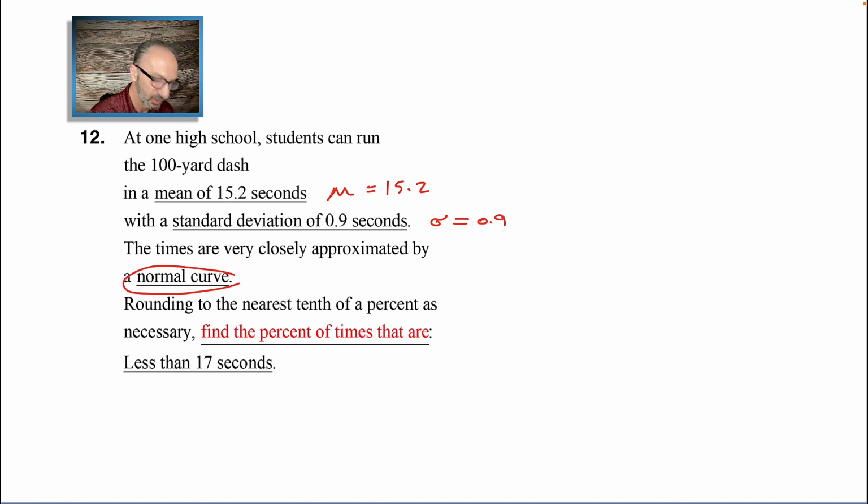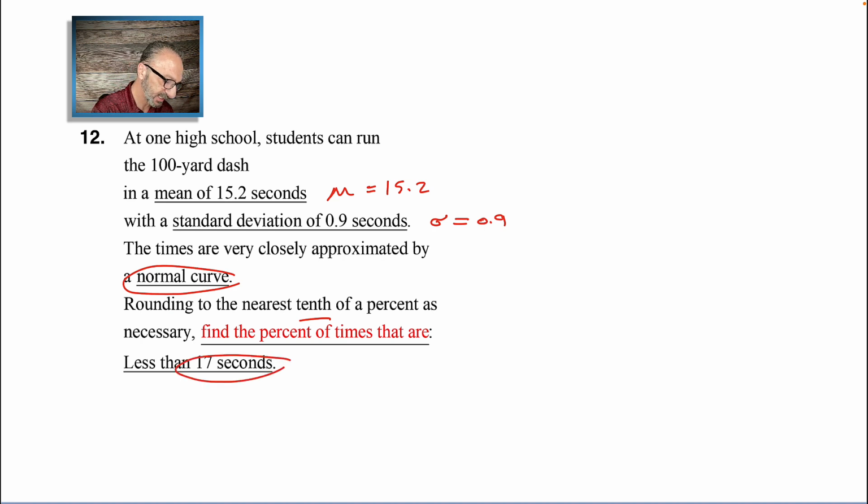So for normal curves, we use the z-scores. We call it standardizing the data. So we change x's to z's and get the benefit out of the normal curve. Rounding to the nearest tenth of a percent, find the percent of times that are less than 17 seconds.